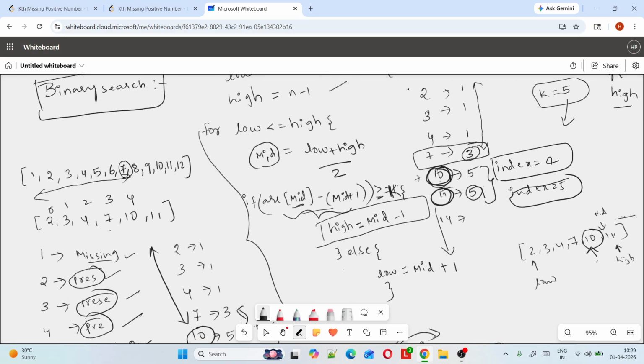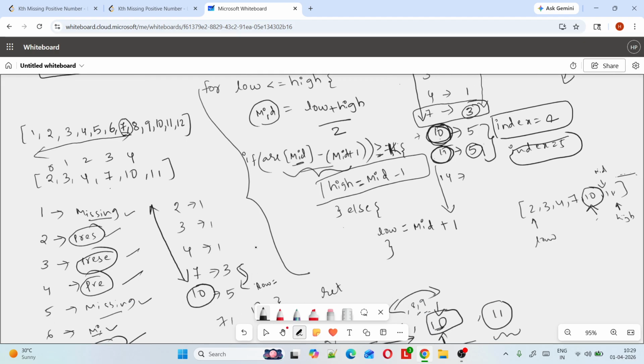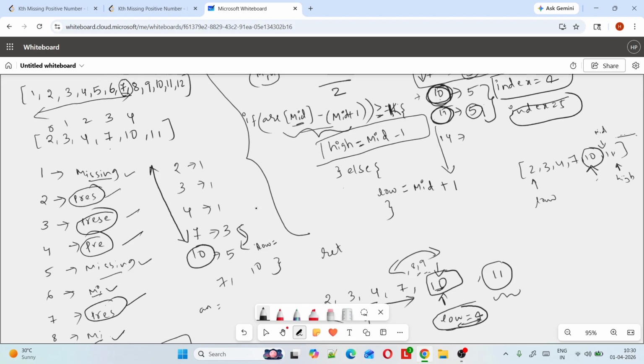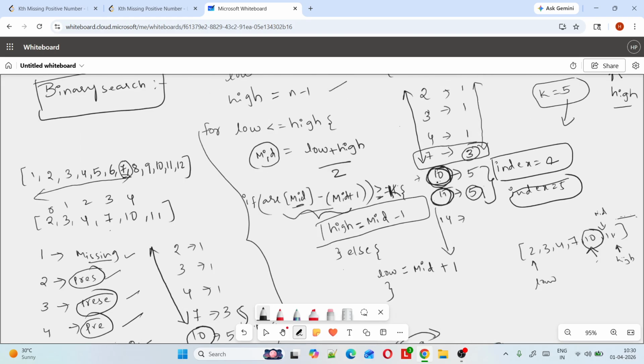In that way you can see how many numbers are before it. For 11, how many numbers are before it? There are 5 numbers, 1, 2, 3, 4, 5.